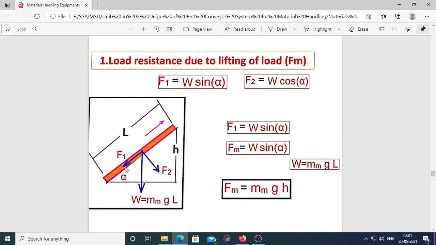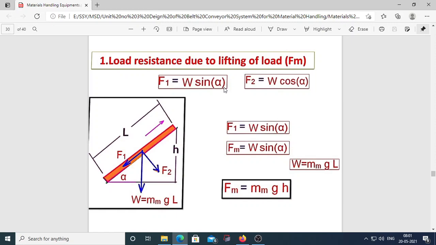When the material is loaded on the conveyor belt, some force acts on that material. This force is divided into F1 and F2, and there is some angle made with the horizontal. This angle is alpha. Already we have seen, if you resolve these forces, then F1 is equal to W sine alpha.